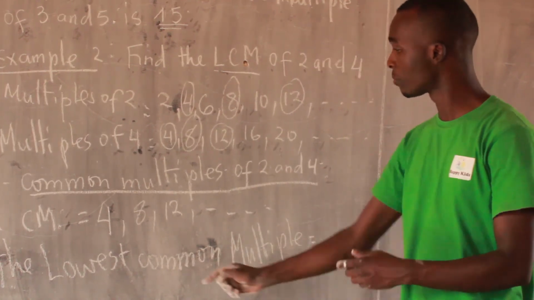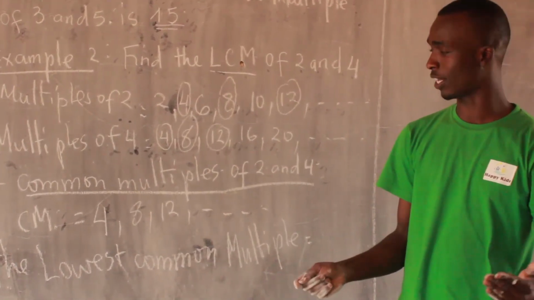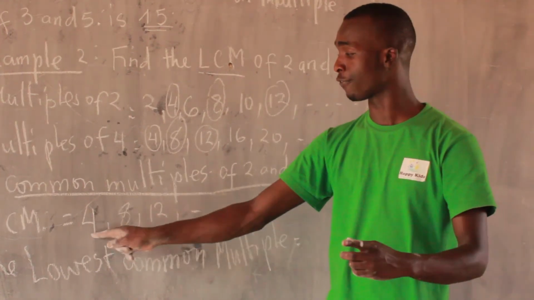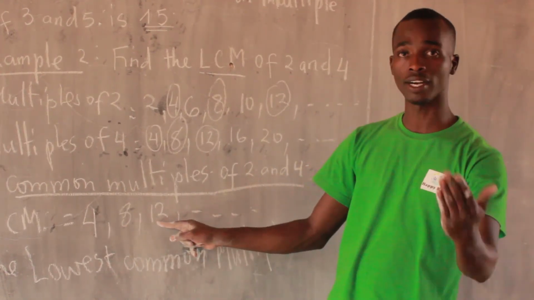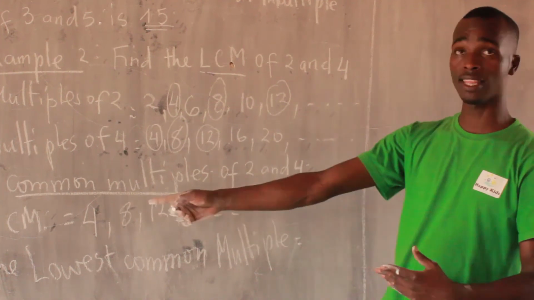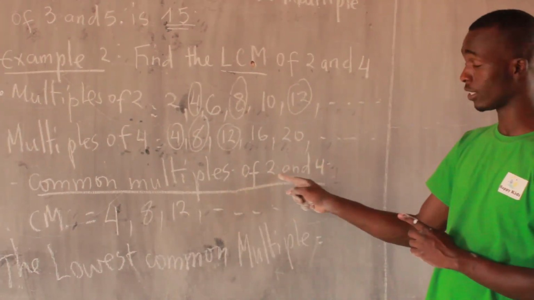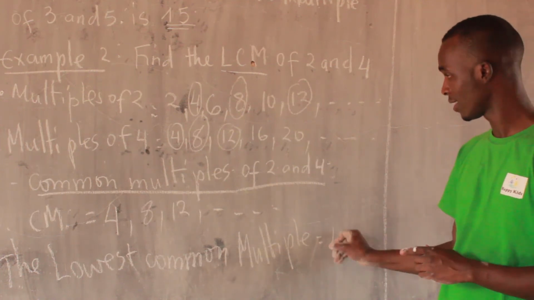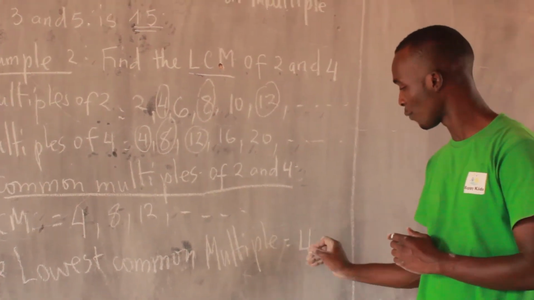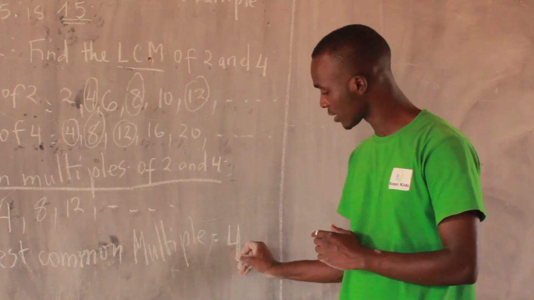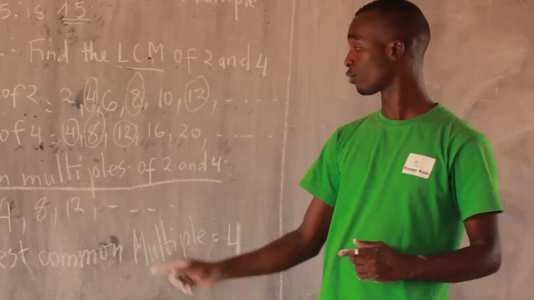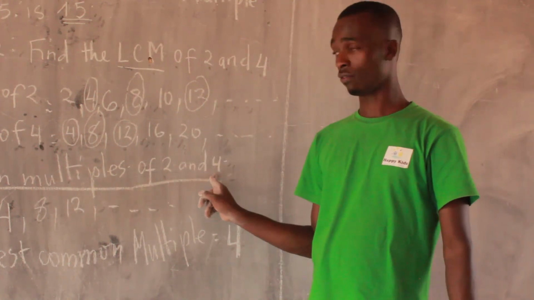Which one is the smallest in this set? We need now to compare 4, 8, and 12. Which one is the smallest? You can see that the lowest common multiple of 4 and 2 is 4. So 4 will be the lowest common multiple of 2 and 4.